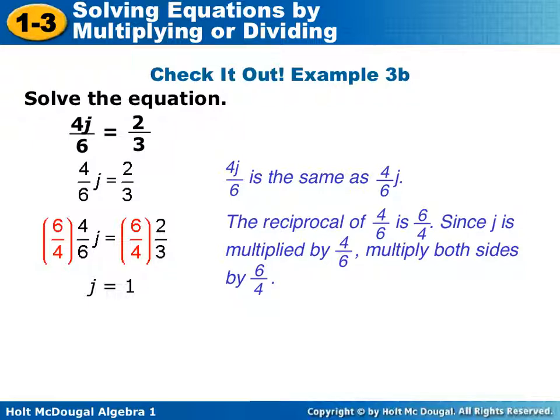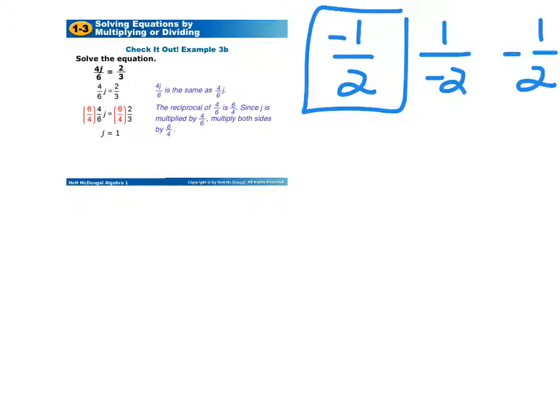All right, next one. Now, this is a little different. One other thing I wanted to show you before we go on, what you're going to see throughout this book: if you have a fraction with a negative sign in the top, or in the bottom, or out front, all 3 of these fractions mean the same thing.